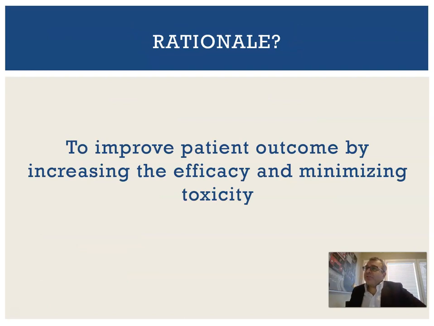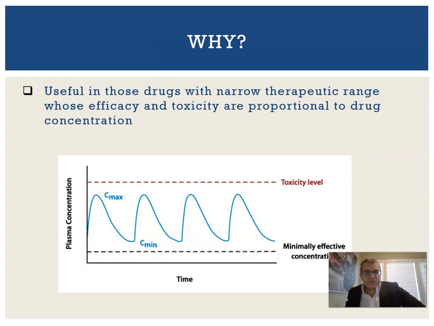So what's the rationale for therapeutic drug monitoring? It is to improve the patient outcome by increasing the efficacy and minimizing toxicity. This is what we need, right? Generally, therapeutic drug monitoring is useful in those drugs with narrow therapeutic range, whose efficacy and toxicity are proportional to drug concentration. So I said three things here. Drugs with narrow therapeutic range, so there is an efficacy concentration and a toxicity concentration.